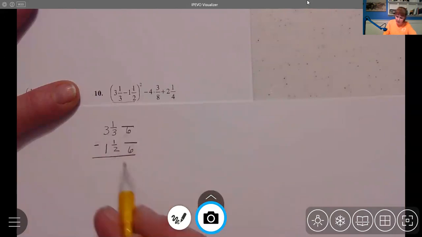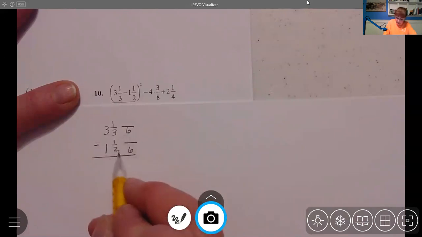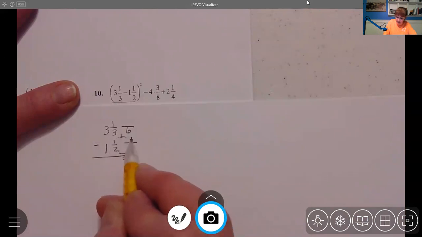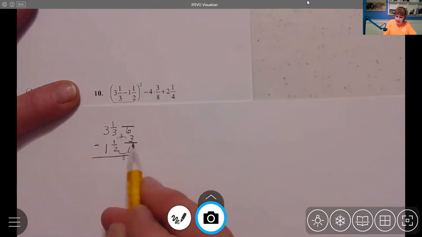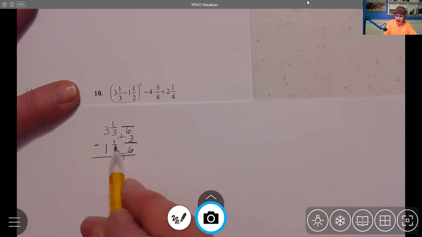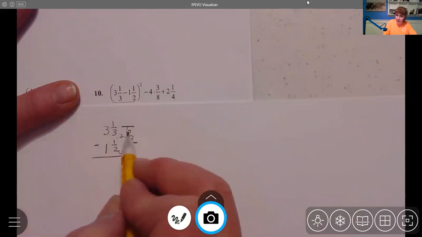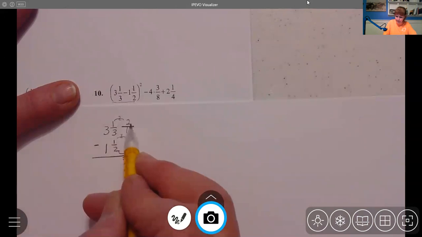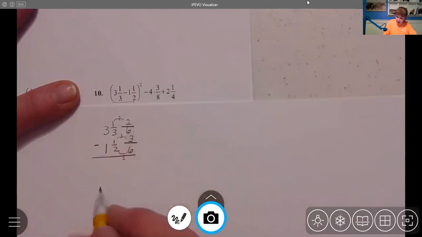Now to go from 2 to 6, I multiply by 3. 1 times 3 is 3. If this is correct, if you reduce it, you'll come back to the original. To go from 3 to 6, I multiply by 2. Okay. So I have 3 and 2/6 minus 1 and 3/6.